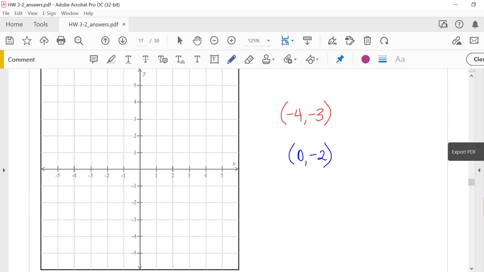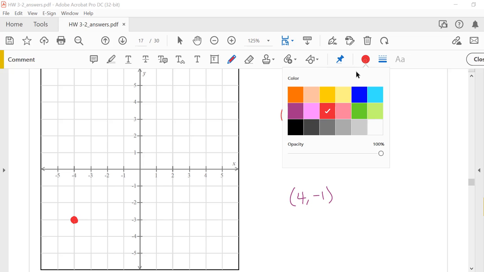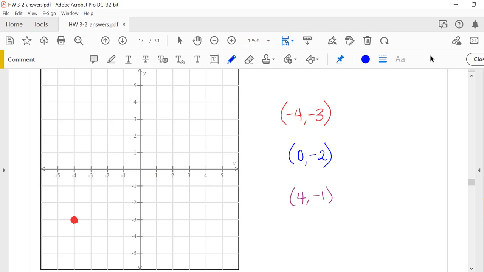So let's go plot all 3 of these points. My first point is -4, -3. So I'm going to go left 4 and then down 3. My first point is right here. My second point, 0, -2. 0 in the x direction, then down 2.